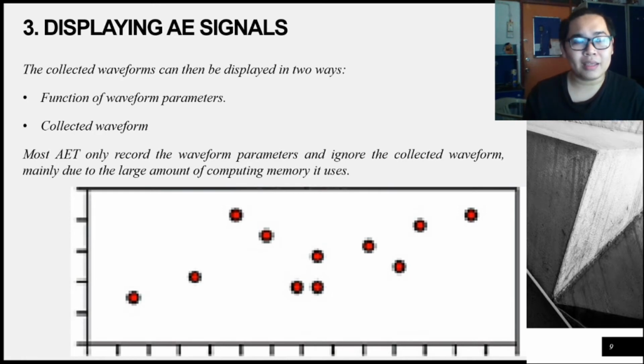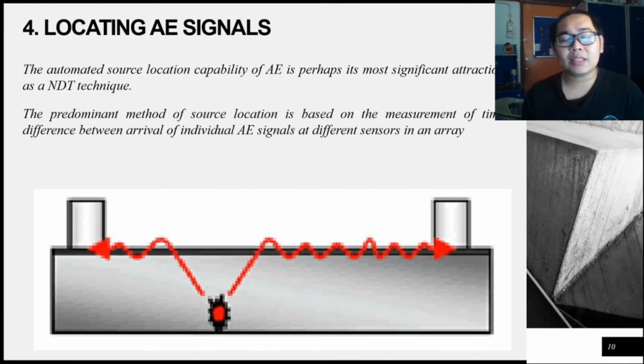Most AET only records the waveform parameters and ignores the collected waveform, mainly due to the large amount of computing memory it uses. And lastly, of those four, is locating AE signals, where the automated source location capability of AE is perhaps its most significant attraction as an NDT technique.